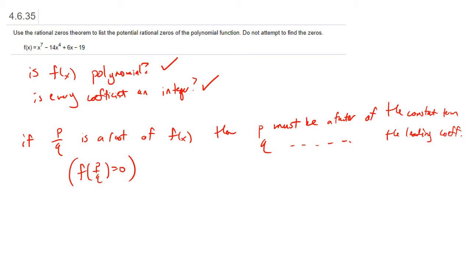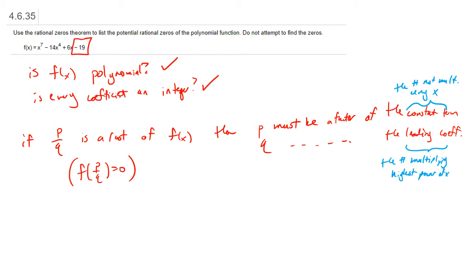So the question becomes, what do constant term and leading coefficient mean? Constant term means the number not multiplying any x's. The leading coefficient is the number multiplying the highest power of x. So in this particular case, my constant term is negative 19, and my leading coefficient is 1.